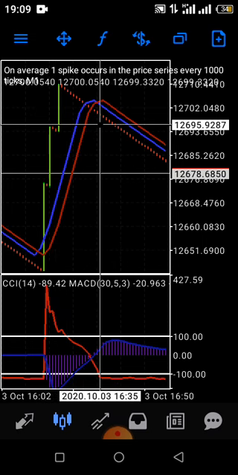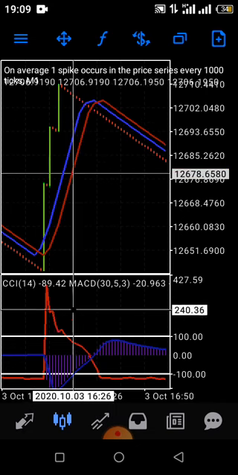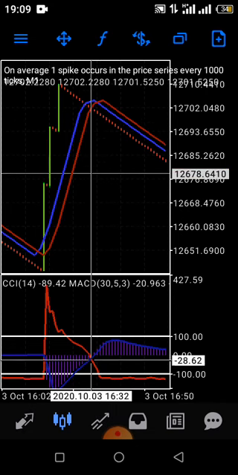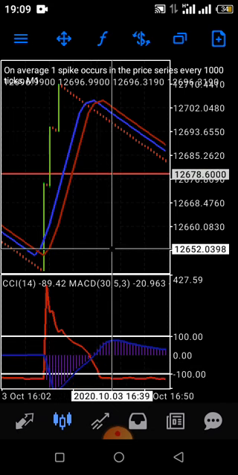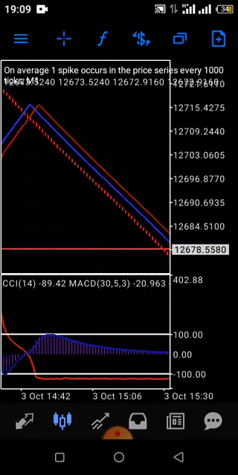You see an exchange: the blue one goes down, then the red one comes up. So it means it will go to the oversold zone, which is negative 100. So that is the entry.